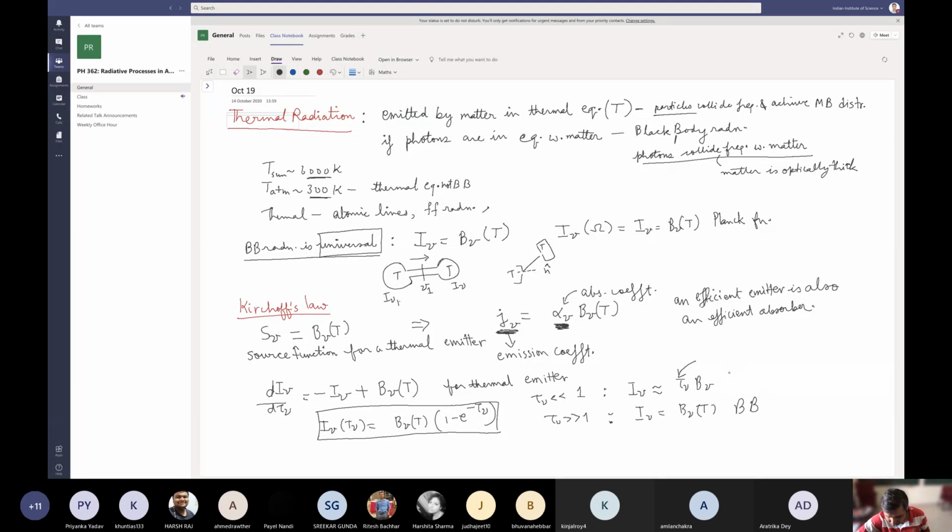This is not black body, but thermal. Got it? Because of the complicated dependence of absorption and emission on the material constituents, this will depend on the matter content. Got it, Amlan? Yes, sir. Good.